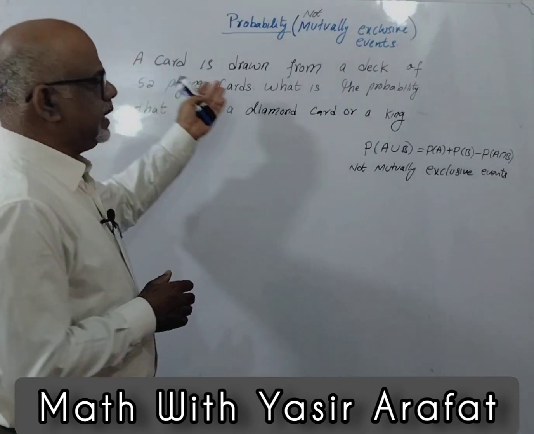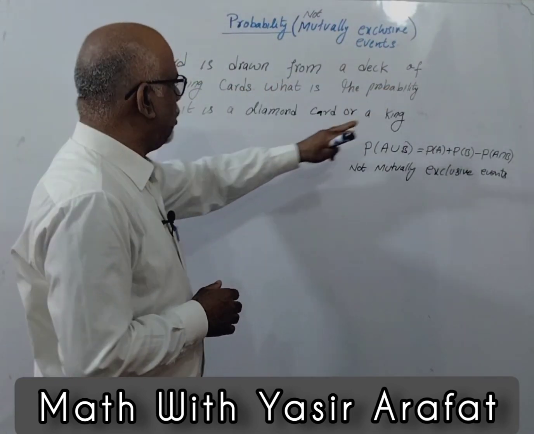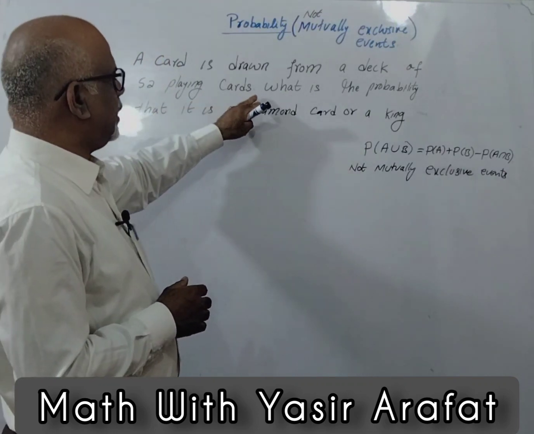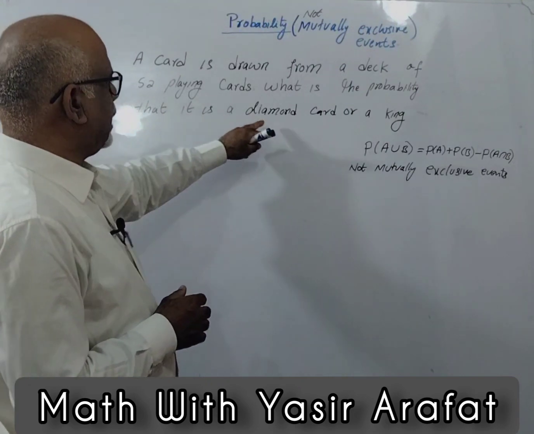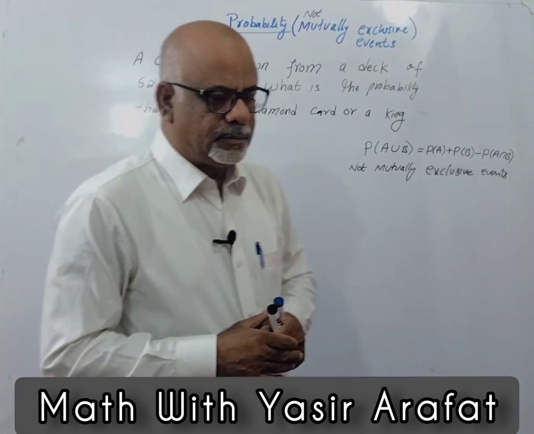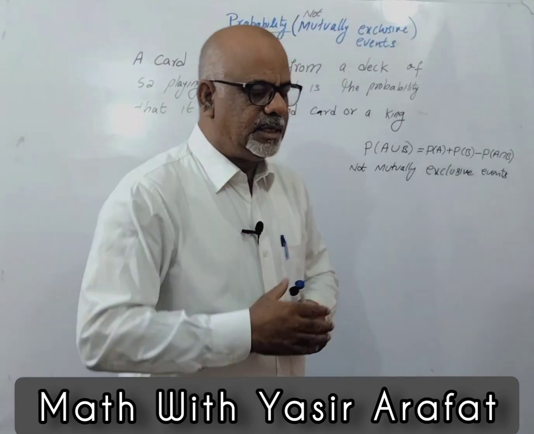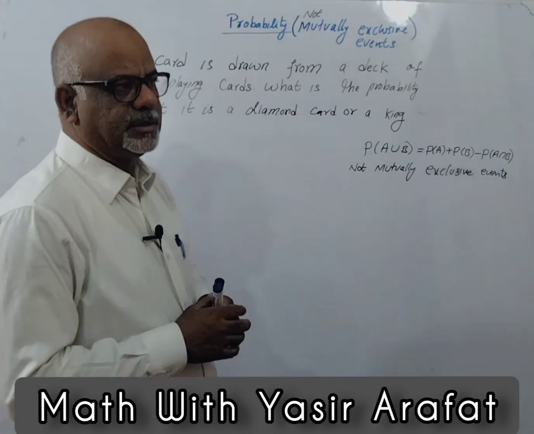Now come to the question here. A card is drawn from a deck of 52 playing cards. What is the probability that it is a diamond card or a king? In my last lecture, we have also discussed the distribution of 52 playing cards there.